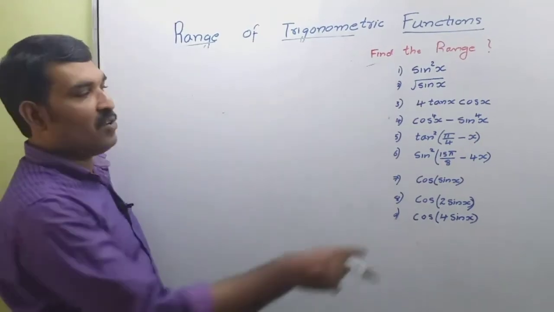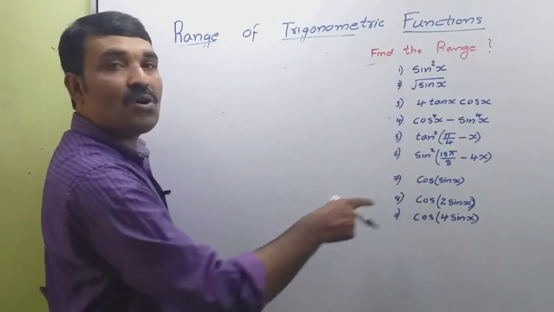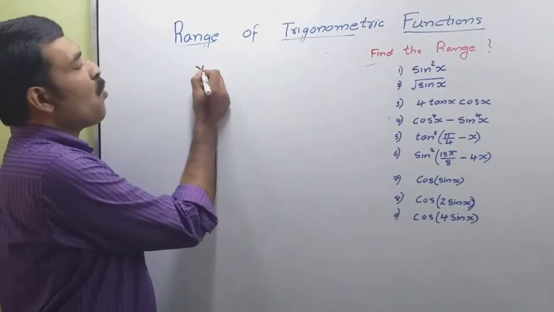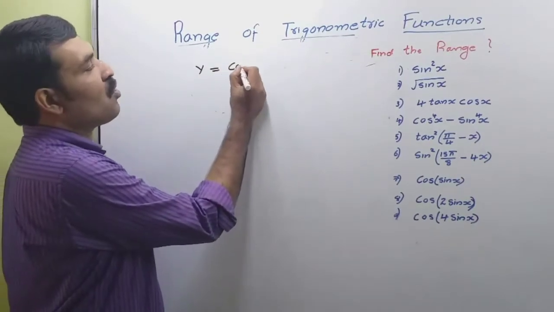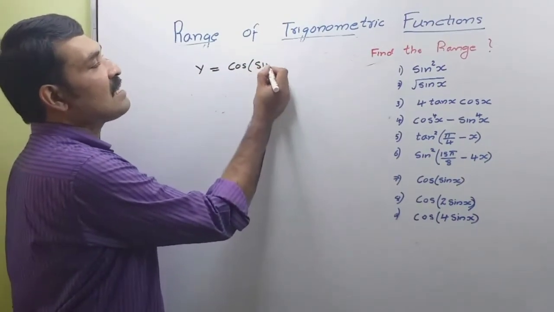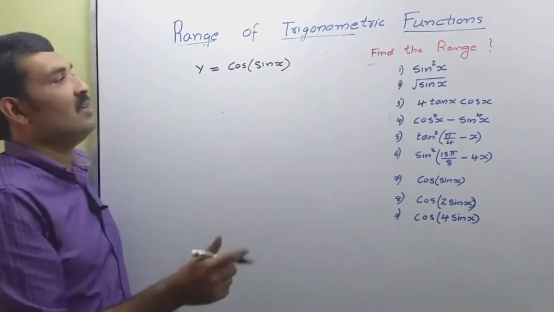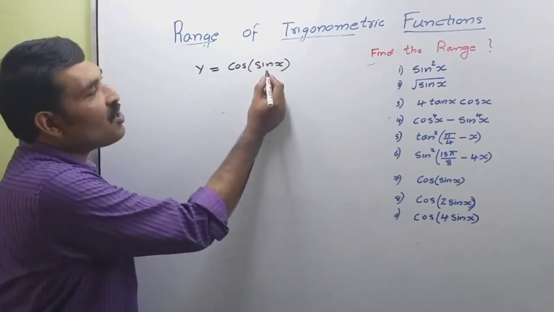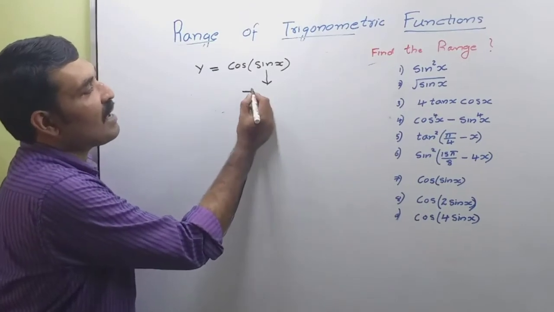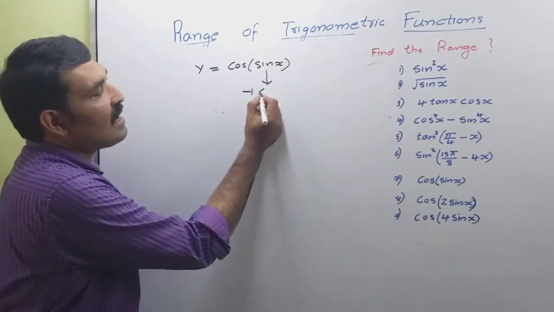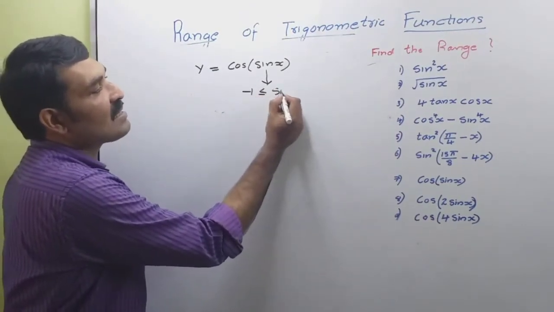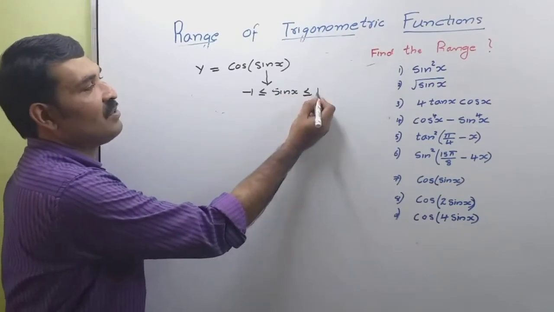Consider the function y = cos(sin x). We want to find the range of this function. We know that sin x belongs to [−1, 1], that is −1 ≤ sin x ≤ 1.